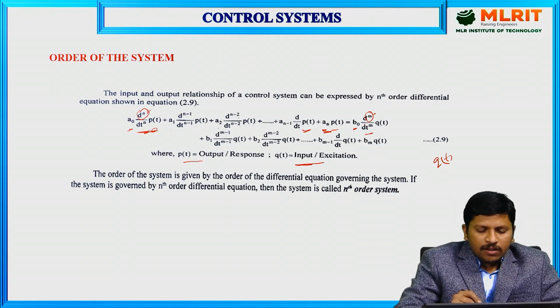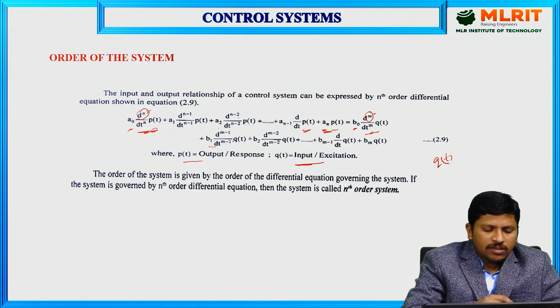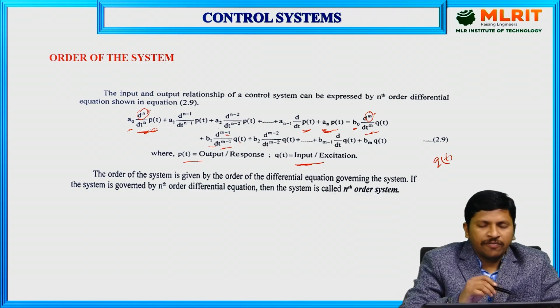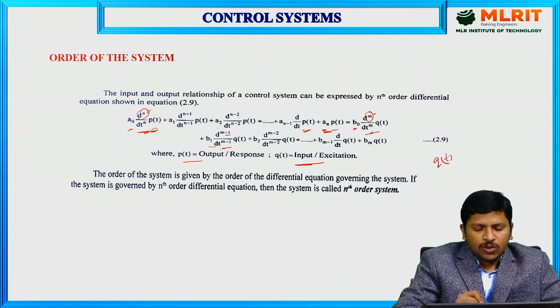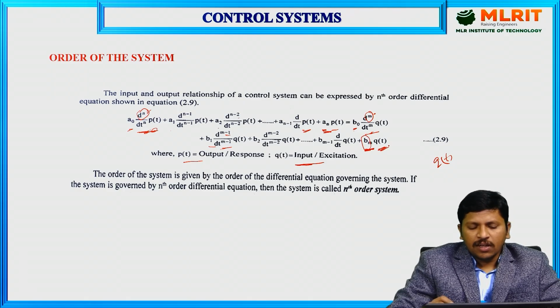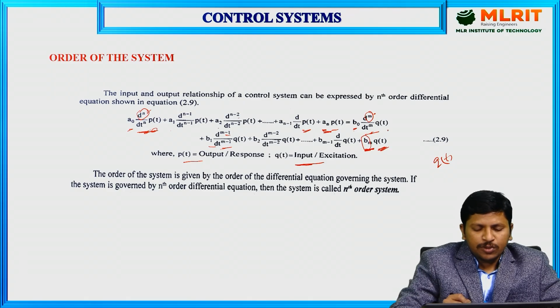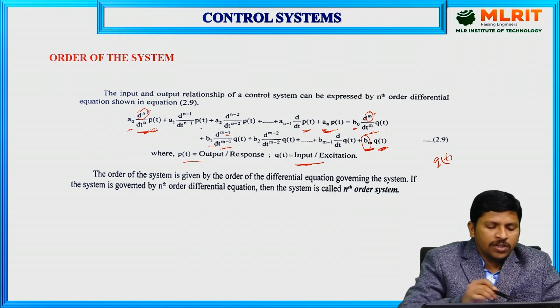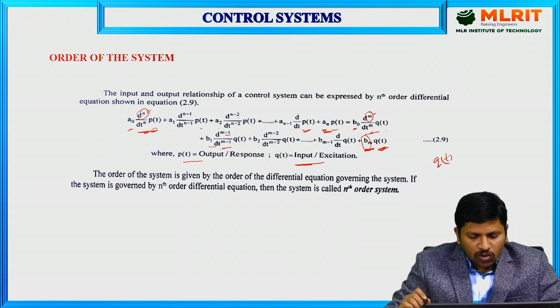Here b naught d power of m by dt power of m, as well as b1 d power of m minus 1 by dt power of m minus 1 of q of t, and so on, up to bm q of t, where bm is the coefficient and q of t is the input.